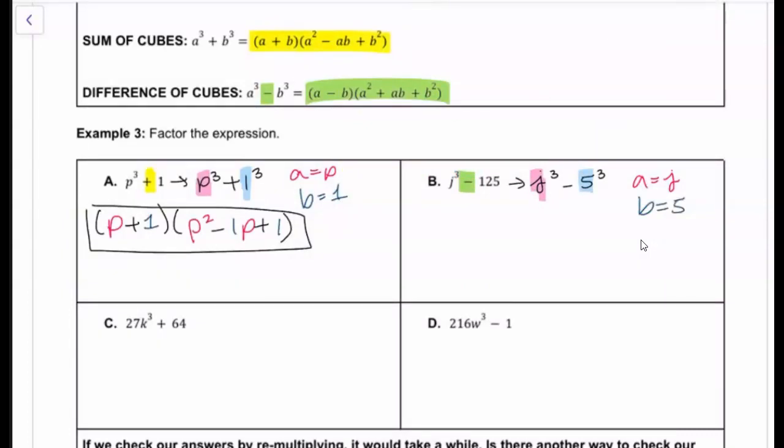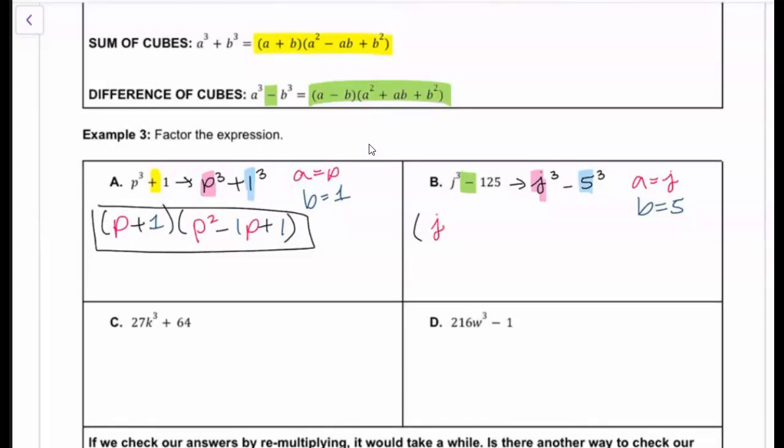So I'm going to plug it into my second expression. So A minus B, so my J minus my B value, which is 5, my A value squared, so J squared, plus A times B, so that's 5 times J, or J times 5, which is just 5J.